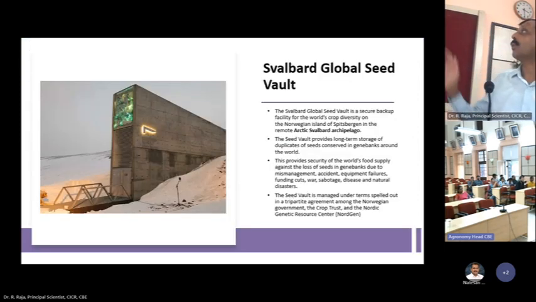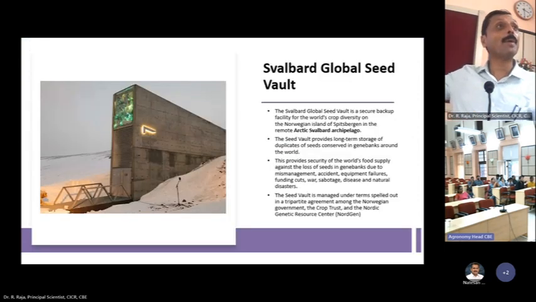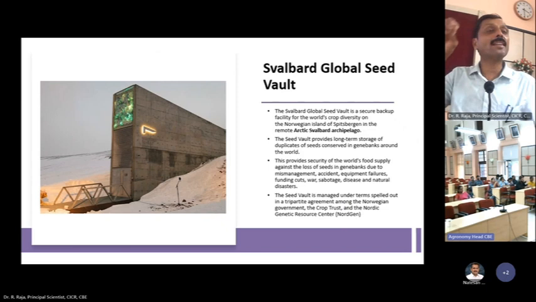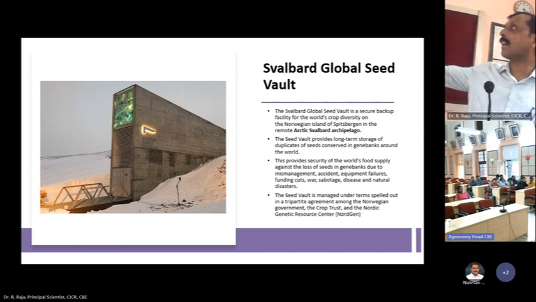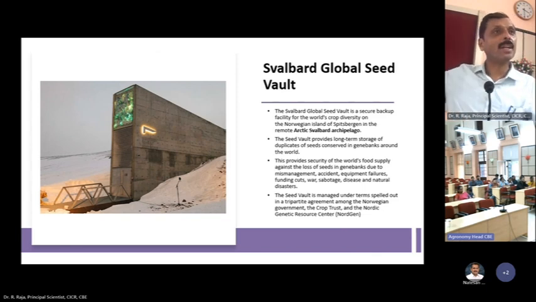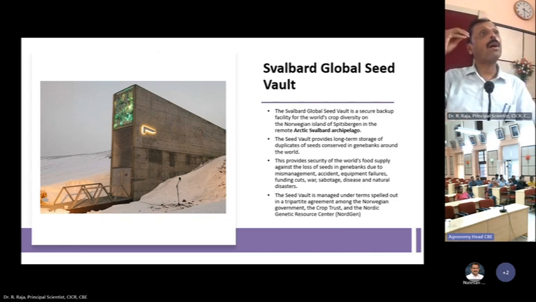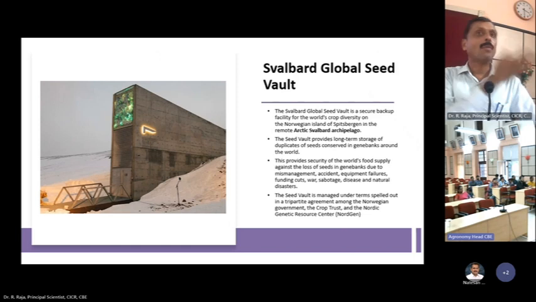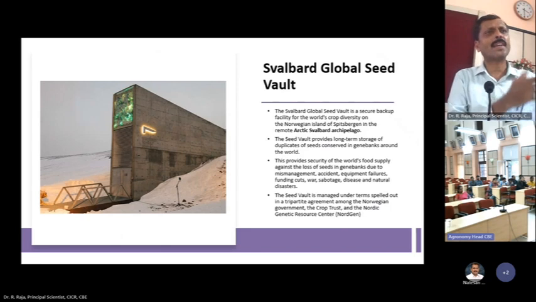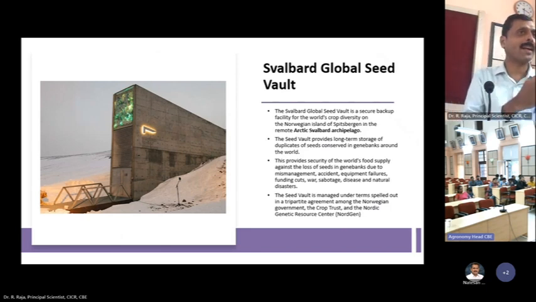Okay. Realizing how important the germplasm is, internationally they started this global seed vault. Many of you may know it is in the Arctic. All germplasm banks from our India, NBPGR has a major germplasm collection. China, USA, every country contributed whatever they had.